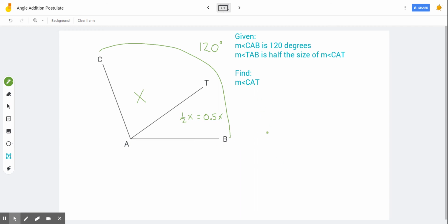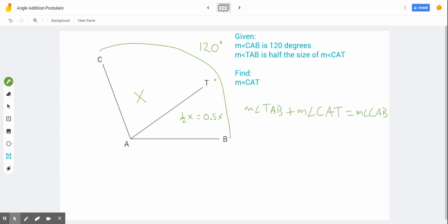But so we're still going to use the angle addition postulate to set up our equation. We know that the two small angles add up to equal the larger angle.